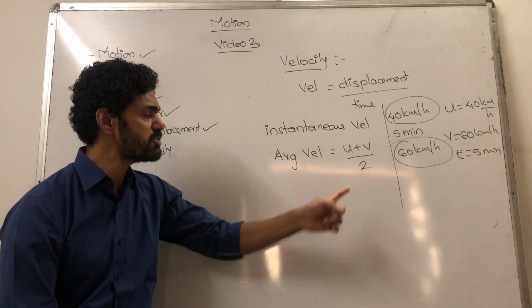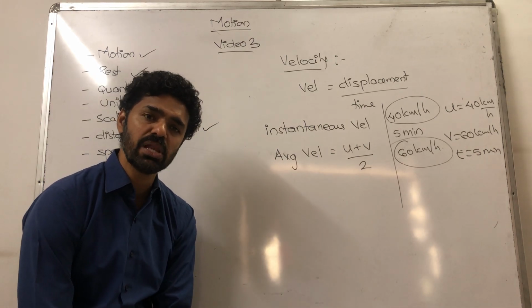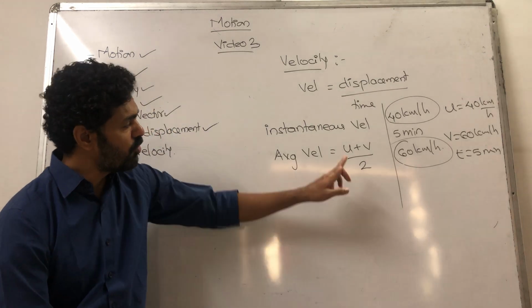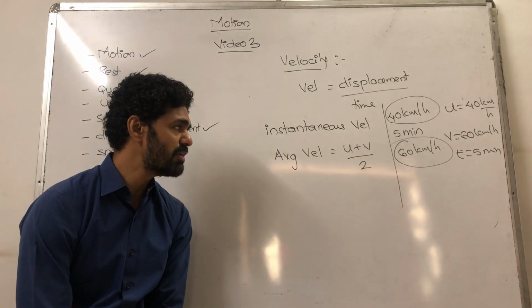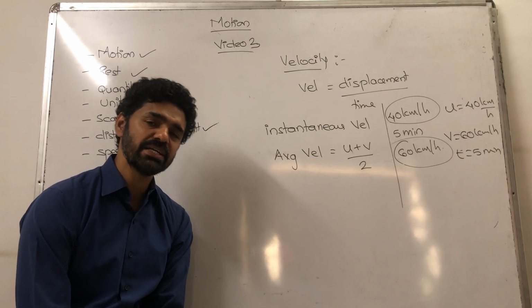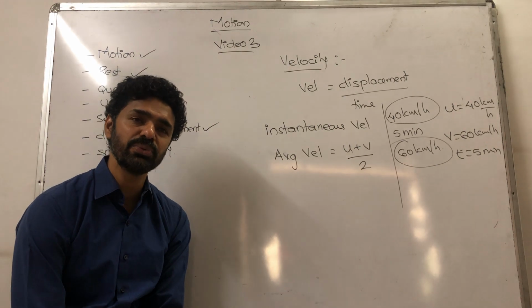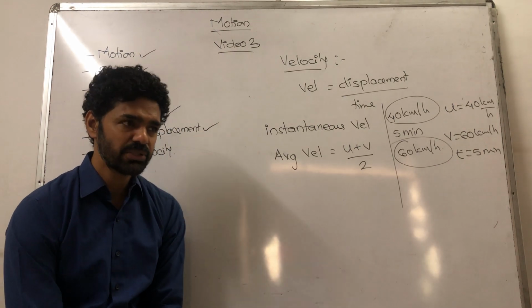We can use this formula only when the change in velocity is gradual and not haphazard. What is u here? u is the initial velocity, v is the final velocity. So average velocity we write mathematically as (u plus v) by 2, initial velocity plus final velocity by 2.